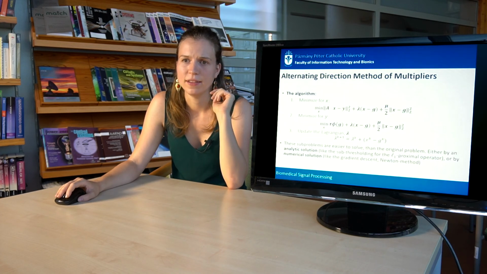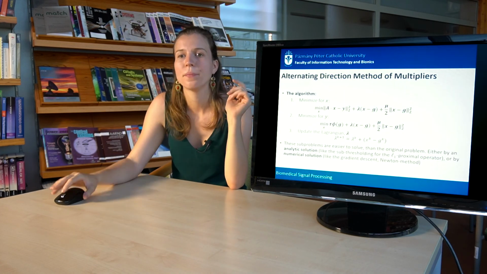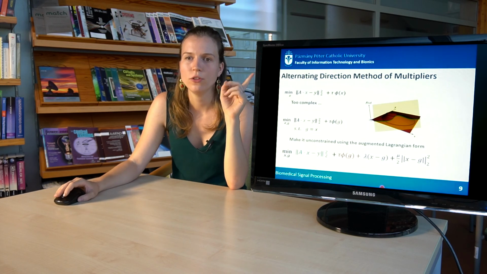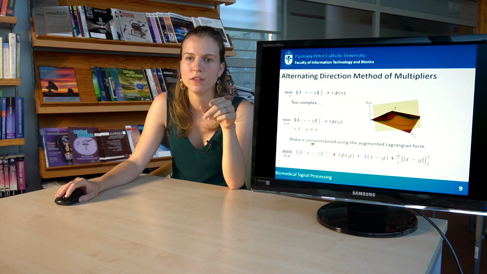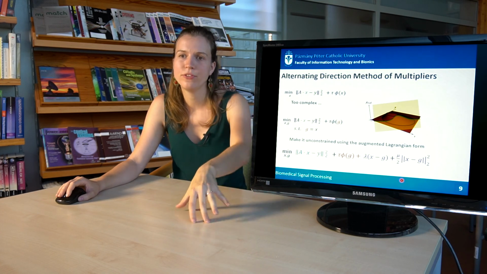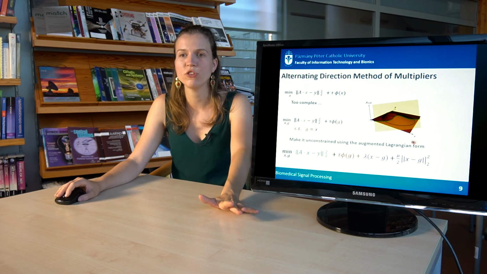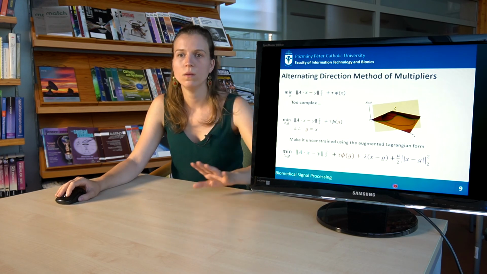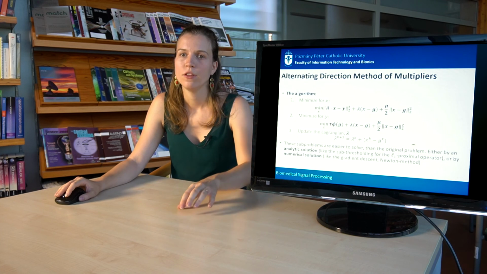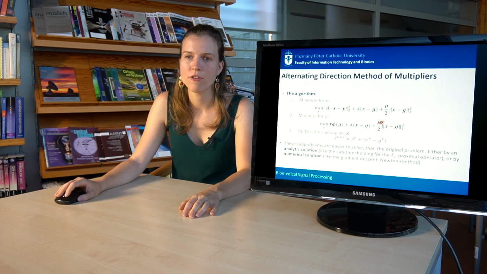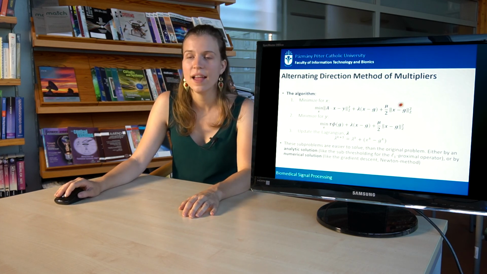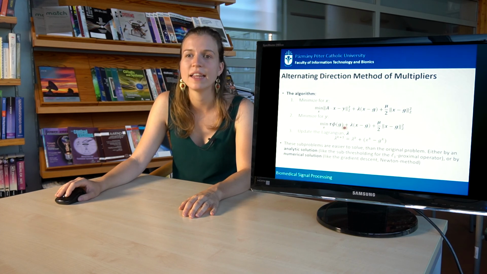So once you have done this, you can split your problem. So what you do is, I have x in this first term, and I have x in these last two terms. So I put them into one problem, and I put everything which contains g into another problem. So here you see it. Here are the bits containing x, and here are the parts containing g.